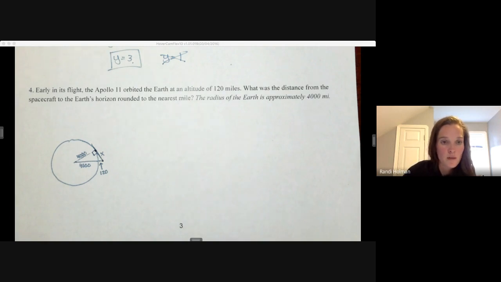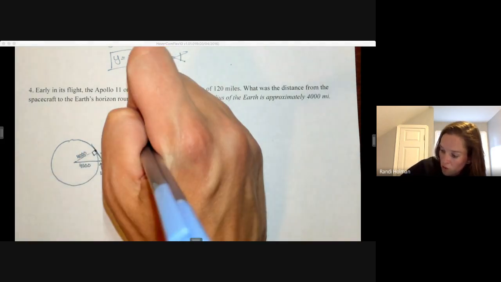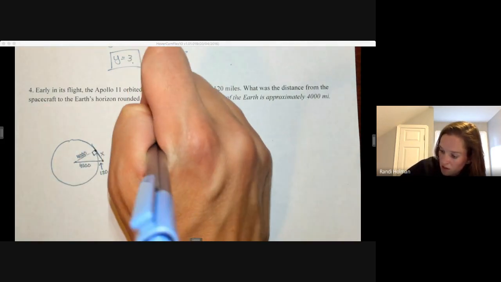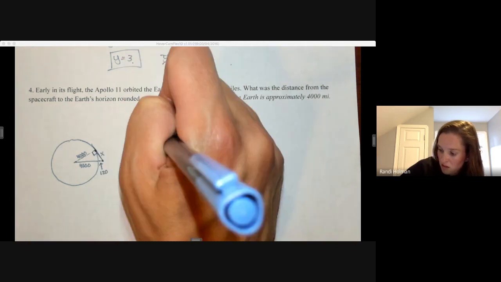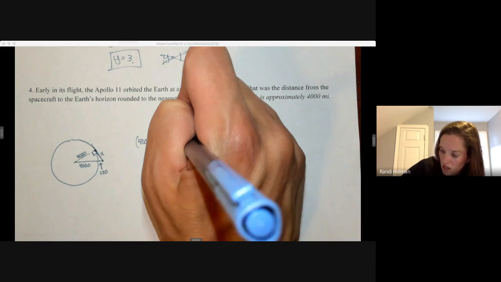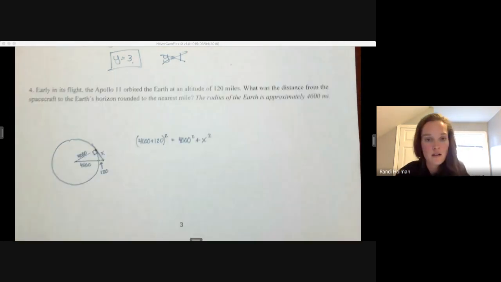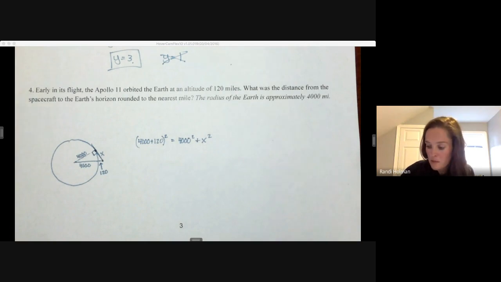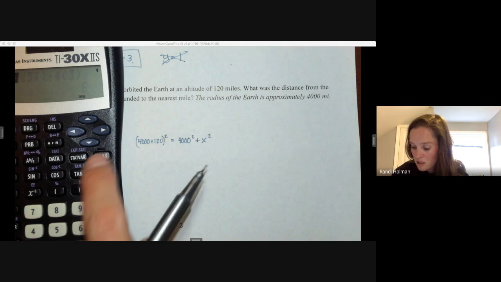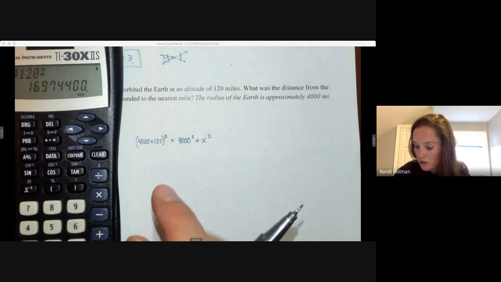We can just use our Pythagorean theorem. So our hypotenuse is the 4,000 plus 120. So that's my c squared equals a squared, which is one of my sides. We'll do 4,000 plus x squared, which is the other leg of my nice little triangle there. So 4,120 squared gives us that big number.